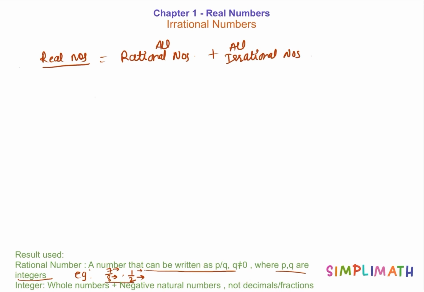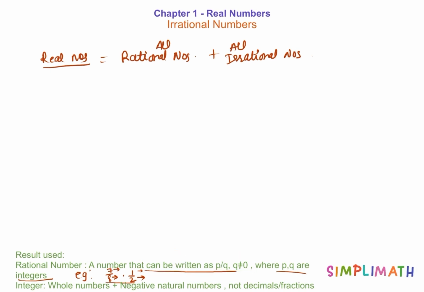Now, what is an irrational number? A rational number is a number that can be written as p by q, q not equal to 0. So an irrational number is a number which cannot be written in the form of p by q, where q is not equal to 0. There are infinitely many irrational numbers just like rational numbers.